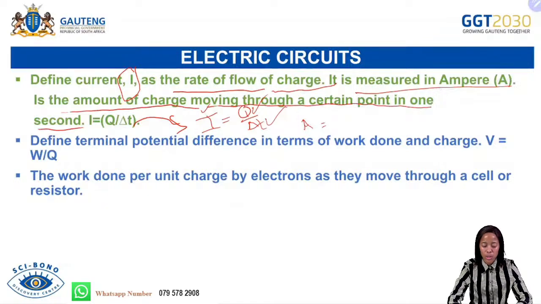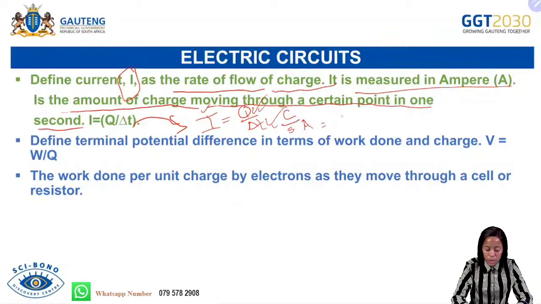But what do we have on the right hand side? We have the charge divided by the change in time. So what is the unit that we are going to use to measure the charge? It's going to be coulomb. And what is the unit that we are going to use to measure the time? It's going to be second.